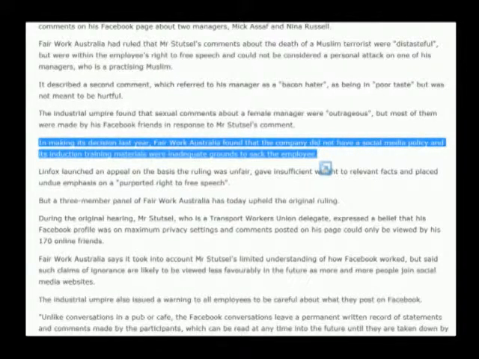Essentially, that meant that they had not made it clear what they required from their employees in their conduct outside of work when it came to things like Facebook or Twitter or MySpace. They had no policies in place, and therefore the employee had not breached those policies, and it was considered inadequate grounds to sack the employee.